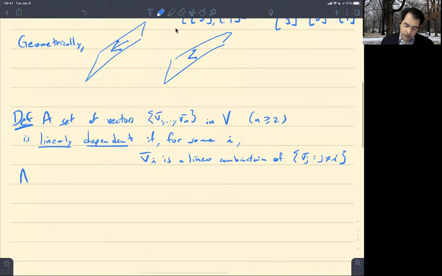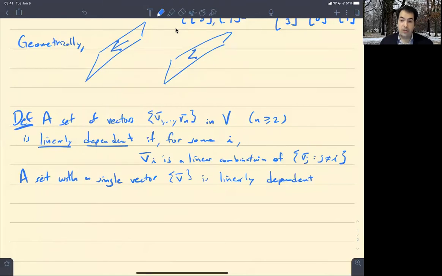What if you have a single vector? Say a set with a single vector is linearly dependent. Right, so how could a single vector be redundant? Well, if and only if that vector is a zero vector.